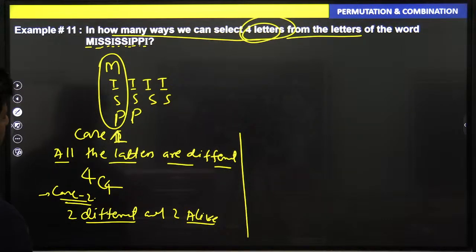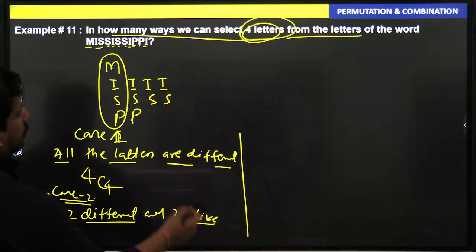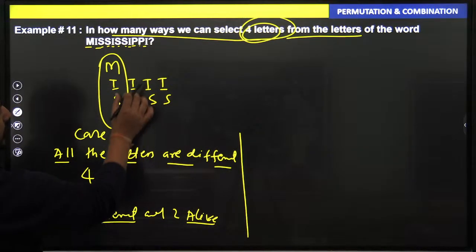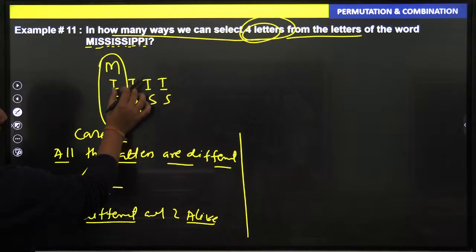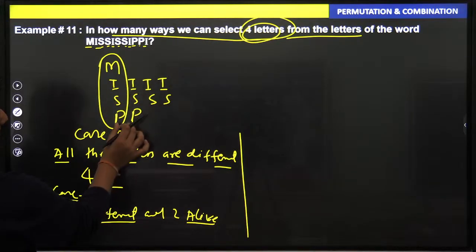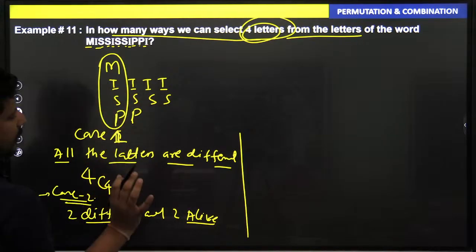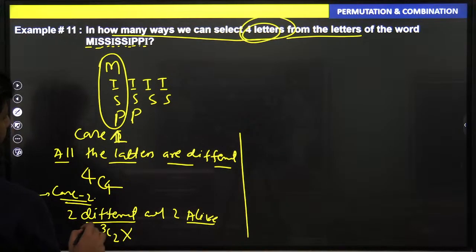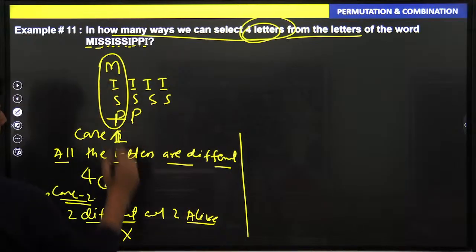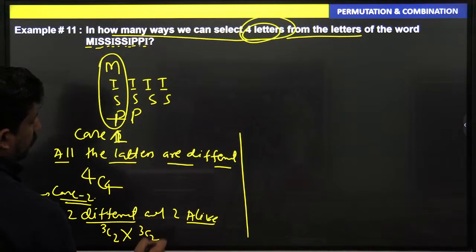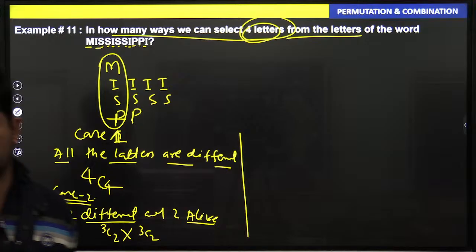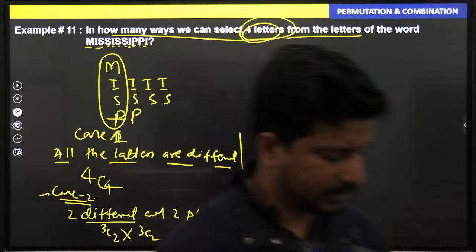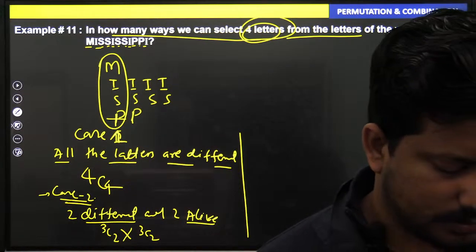So 2 alike means these 3 can give you 2 same, either PP, either SS or either II. So we can select 1 out of these 3, and 2 different. So 1 is gone. So again 3C2. Now any one of them is gone, so we can take again 3C2.